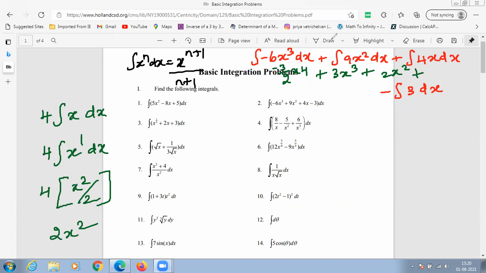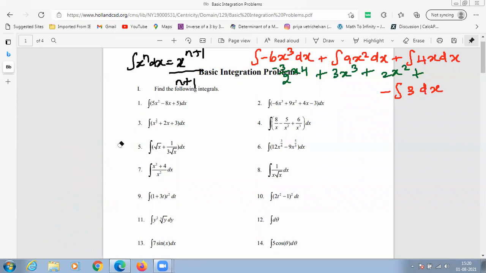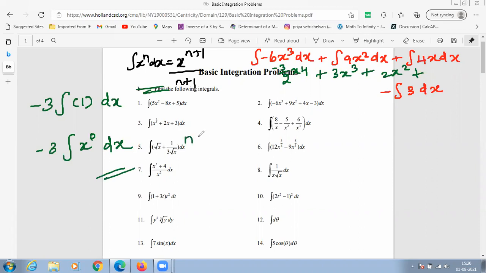Minus 3 is the constant. You'll be rewriting minus 3 as minus 3 into x power 0. You can take the minus 3 outside. Minus 3 can be written as minus 3 into 1 into dx. Minus 3 into 1 can be written as x power 0. I'm going to follow the same rule, so the value of n is going to be 0.